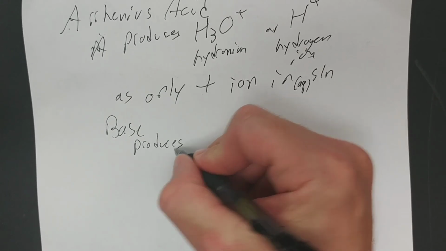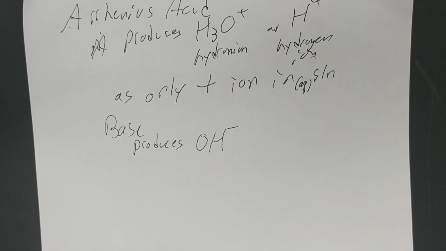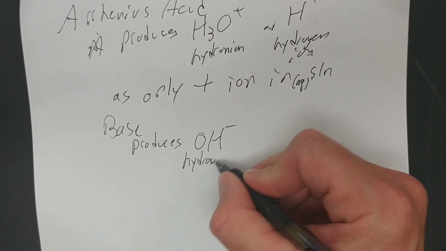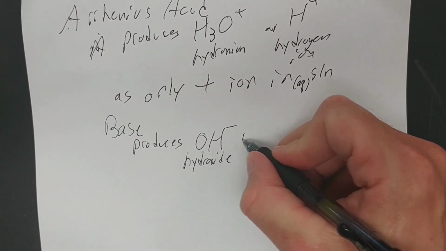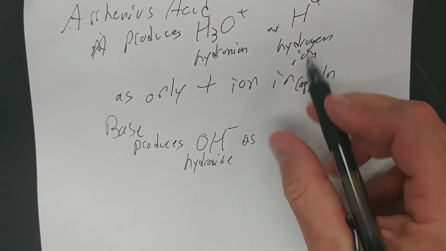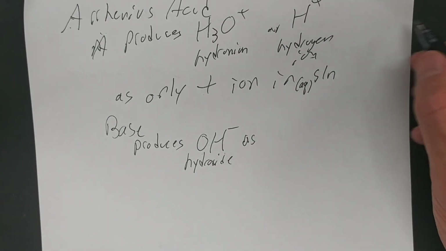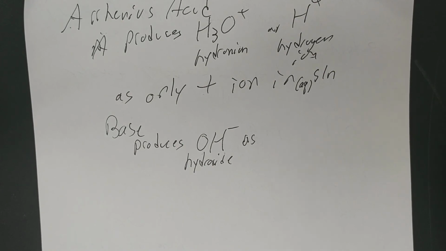An Arrhenius base produces hydroxide. Don't mess up the names, they're on table E. So is that a hydrogen ion versus positive? Hydrogen ion is always positive, H+. A hydrogen that was a negative ion is called hydride. Remember, negative ion is always going to end in "ide."